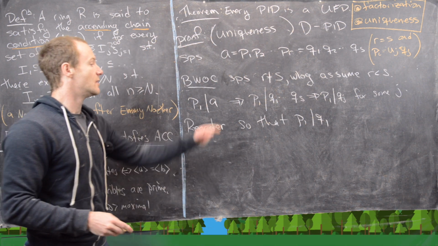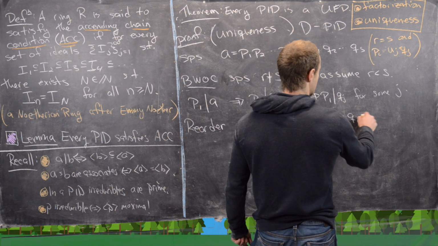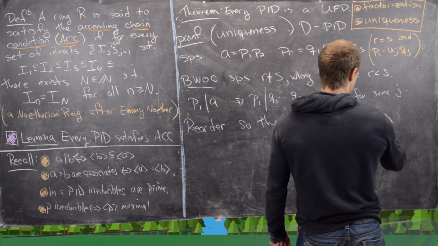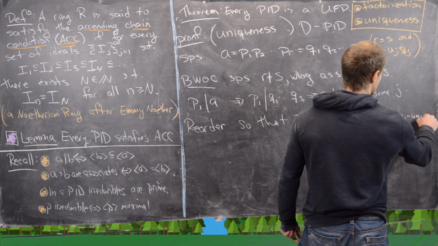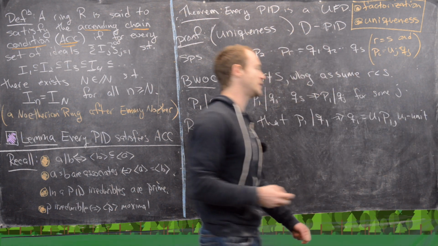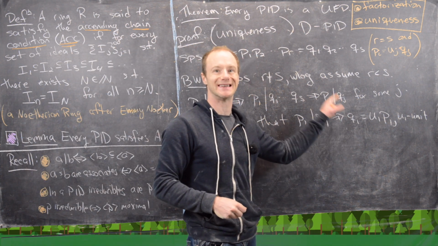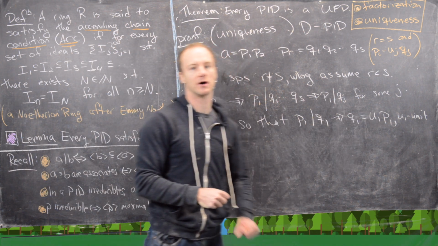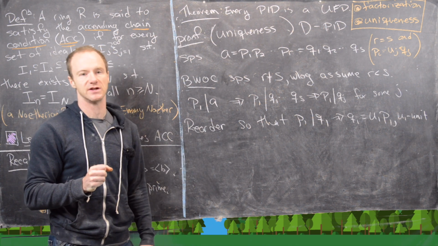Okay, good. But now this tells us that Q1 equals U1 times P1 for some U1 which is a unit. Now, how do we know that that U1 is a unit? Because we have factored Q1, which is an irreducible, into parts. But the only way to factor an irreducible is if one of the terms is a unit.